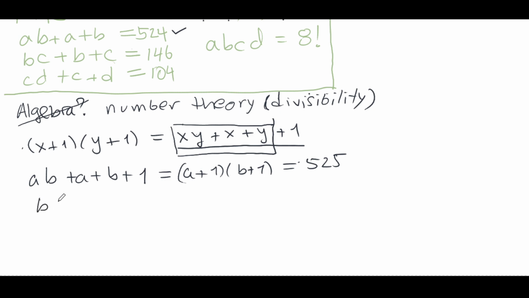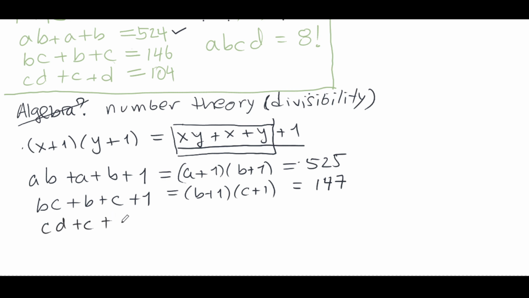So BC plus B plus C, add 1 to the left-hand side, and we get B plus 1 times C plus 1 is 147. Now CD plus C plus D plus 1, that's C plus 1, D plus 1, and we must add 1 to the other side, like that.